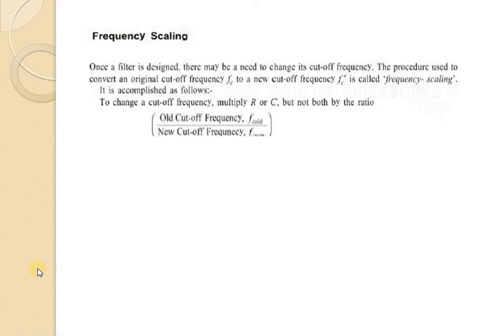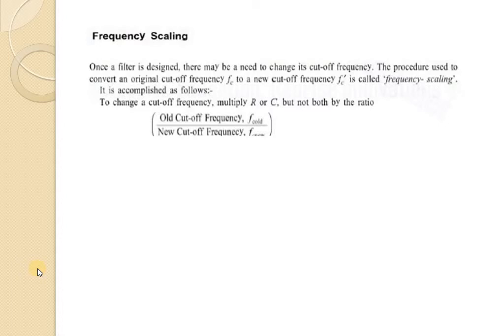I am again repeating these things. Once a filter is designed, there may be a need to change its cutoff frequency. Suppose we have taken a certain cutoff frequency, and after designing the filter we have seen that the required desired parameters are not satisfied with the cutoff frequency we have chosen.